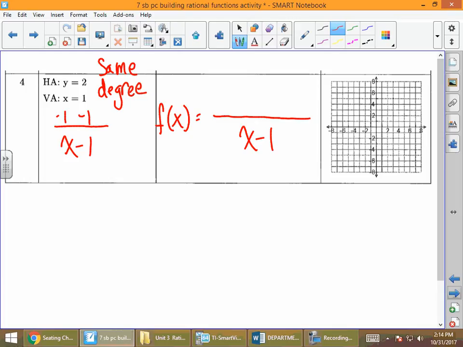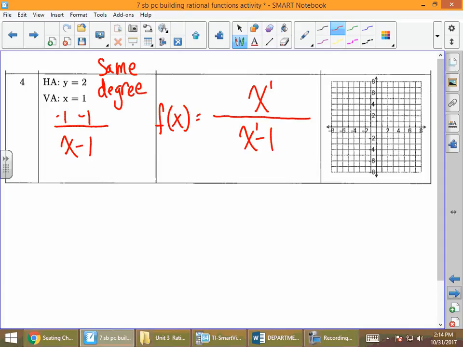But when we have the same degree, what's going to happen is we can put an x there because it was x to the first in the bottom, so that gives us x to the first in the top. There's the same degree. But when we have the same degree, it's the ratio of the highest degree term, it's the number in front of the highest degree term on top divided by the number in front of the highest degree term on the bottom.